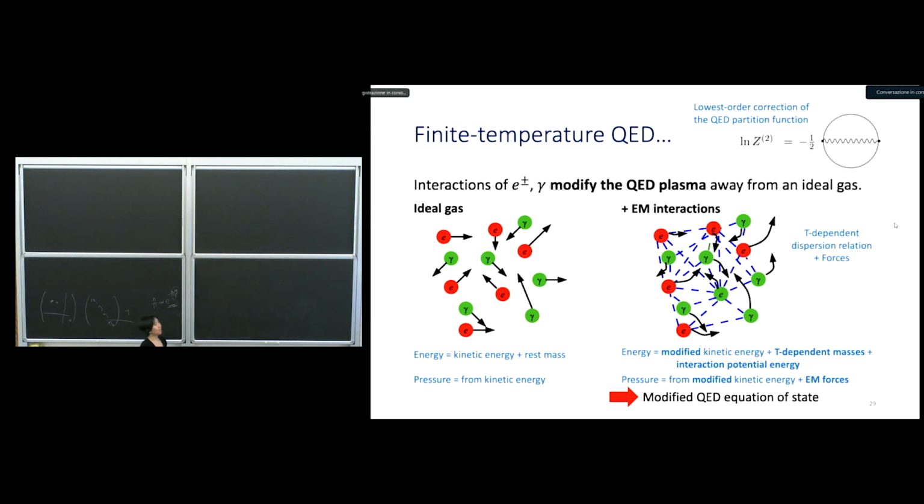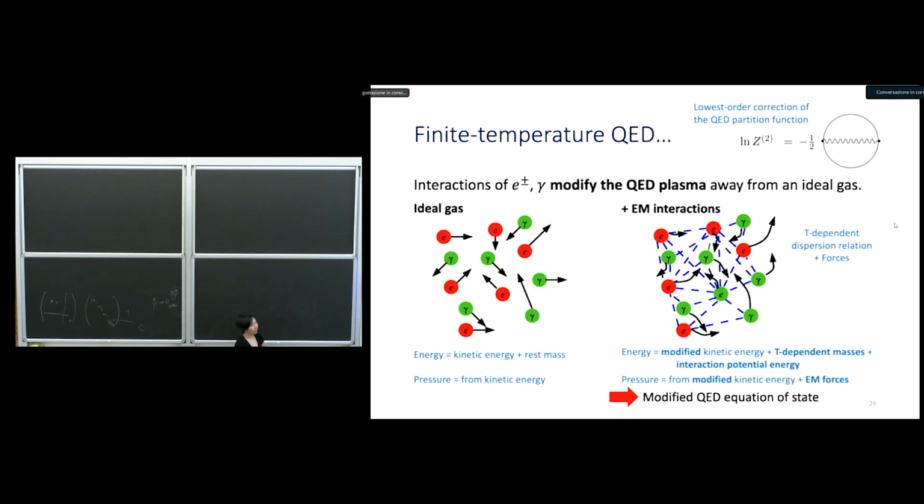So if I take into account all of these things, what it means is that when I compute the energy density, I need to take into account the modification to the kinetic energy due to these interactions, plus any rest masses that are modified by these temperature effects, and there will also be an interaction potential energy between the particles. So this is significantly more complicated once the interactions are taken into account.